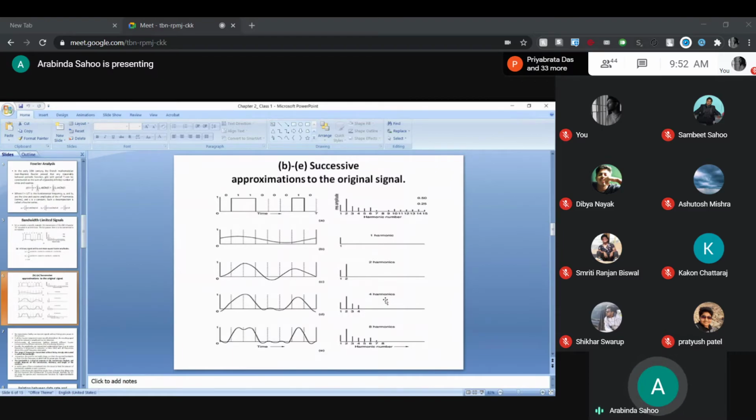You can see the first peak is moving towards your first square pulse, and the second signal wave is moving towards your second pulse.